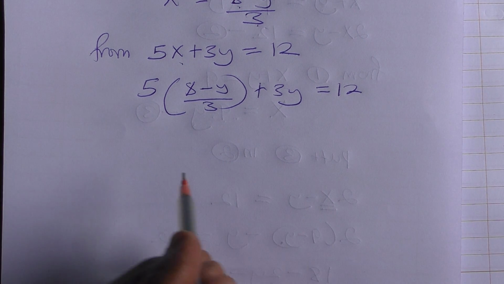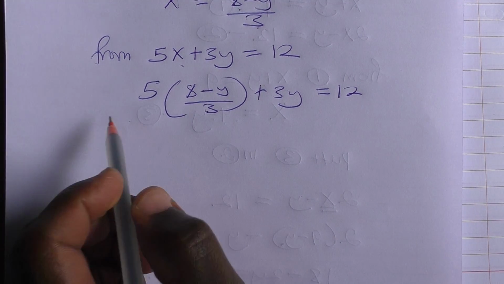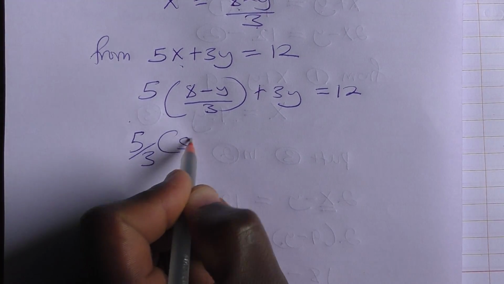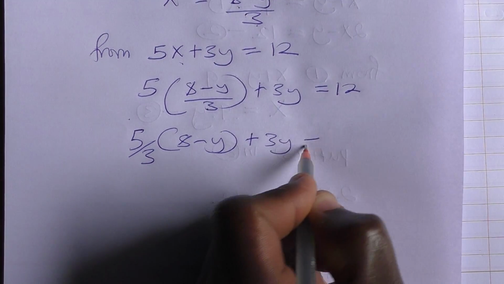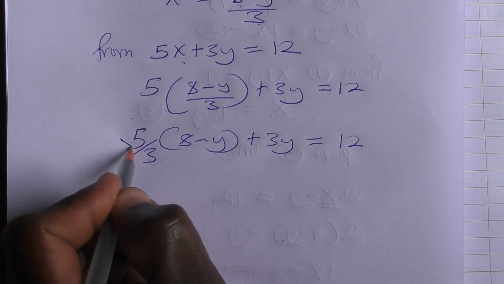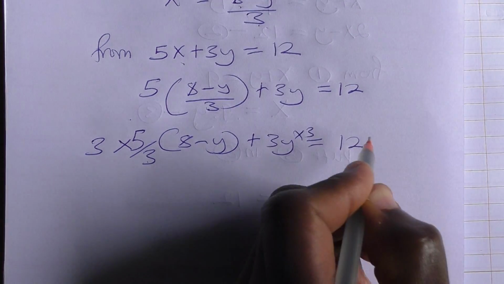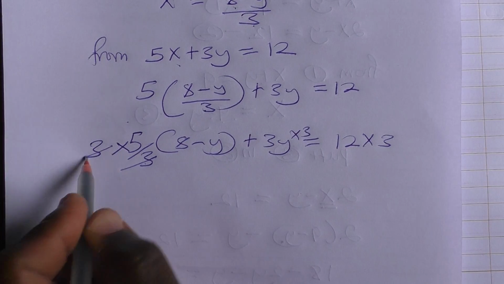So let's continue. We can take the 3 out, so that we get 5 over 3 into 8 minus y, plus 3y equaling 12. And since it is the only fraction, we can multiply throughout by 3, so that this one cancels.